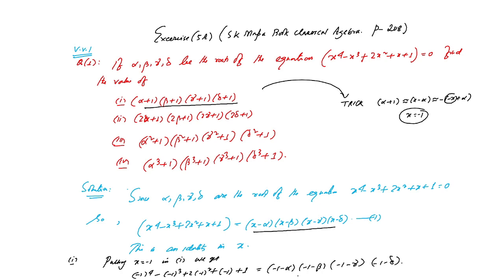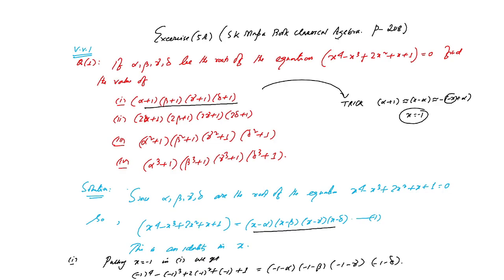You take minus common on the right hand side, there will be 4 minus, so that will be minus 1 whole to the power 4, it will be plus. So from that you will calculate alpha plus 1 into beta plus 1 into gamma plus 1 into delta plus 1. That value will be 4. So this is the first problem that you can solve.